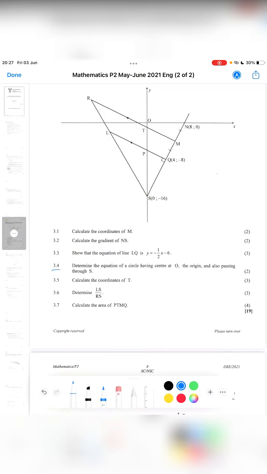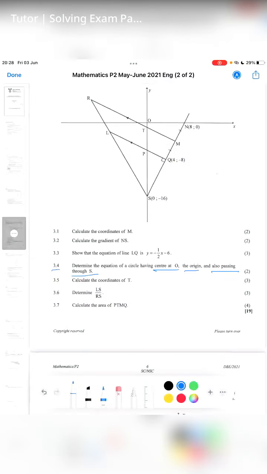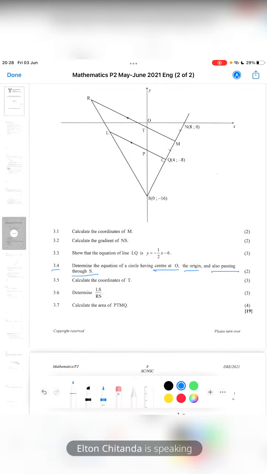3.4. The question says determine the equation of a circle having center at O, the origin, and also passing through a point S. Before I go far, I think this is a question that you might expect in grade 12.